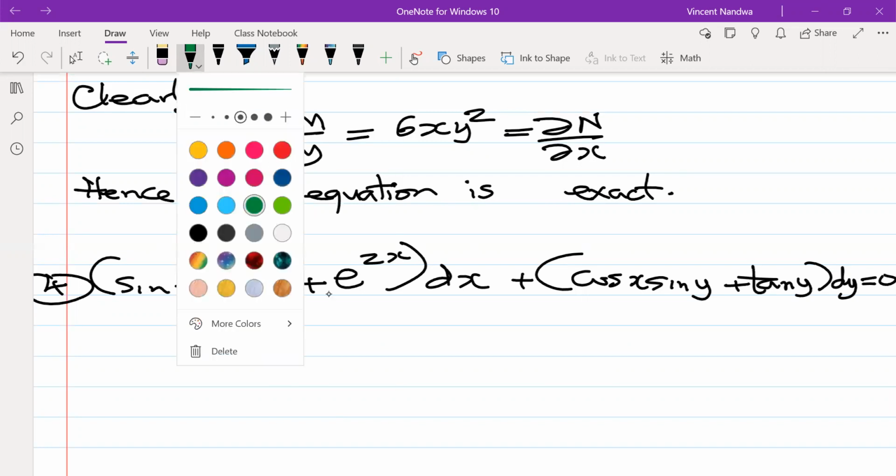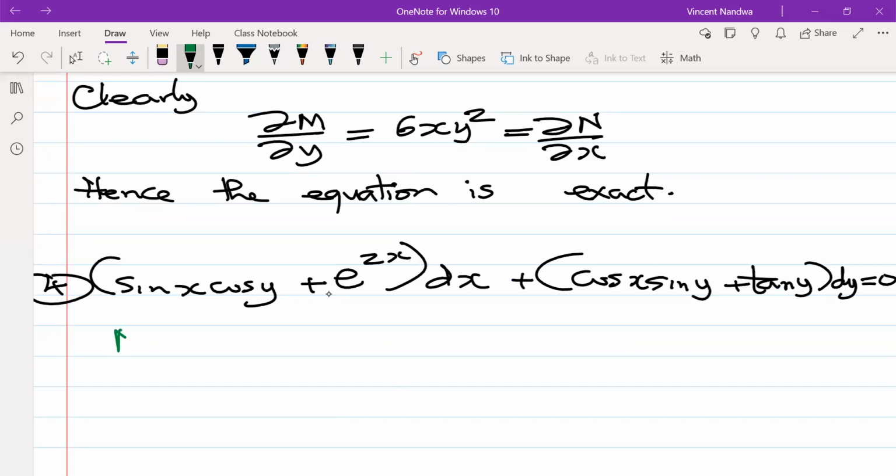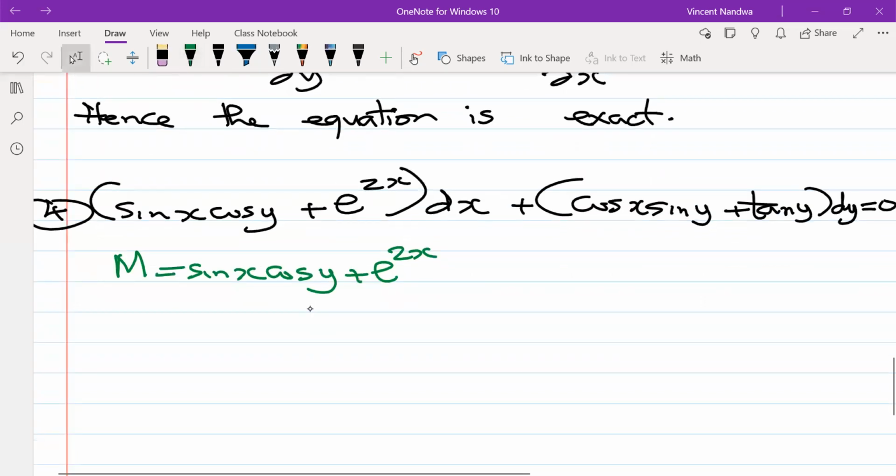So here, M is sine of x cos of y plus e raised to power 2x, and N is given by cosine of x sine of y plus tan of y.